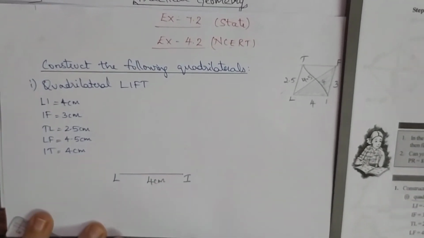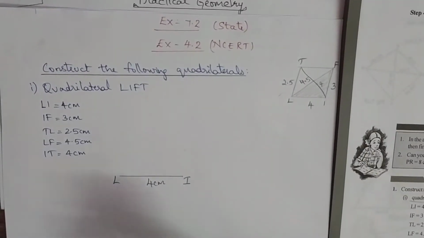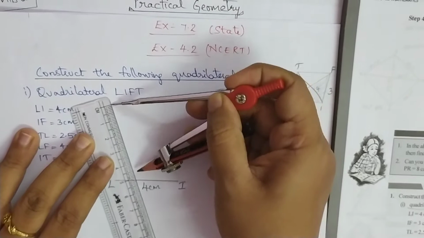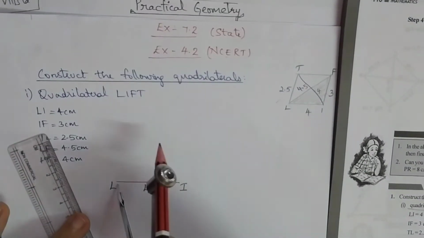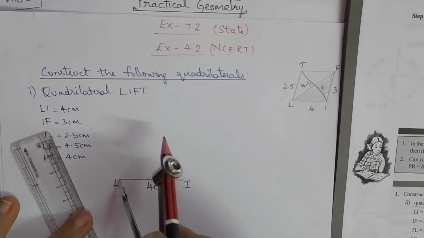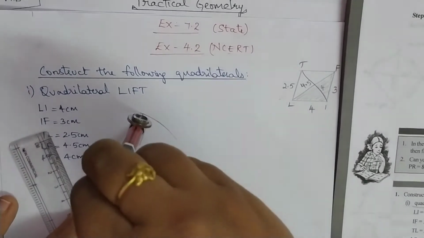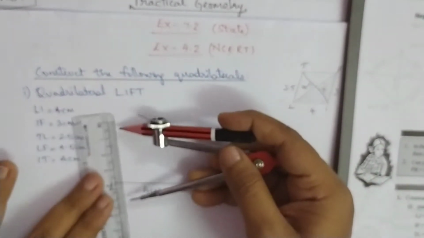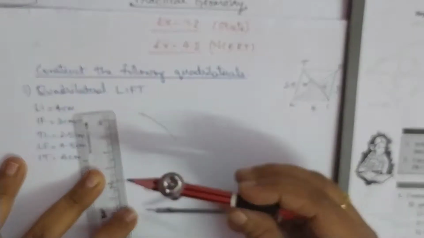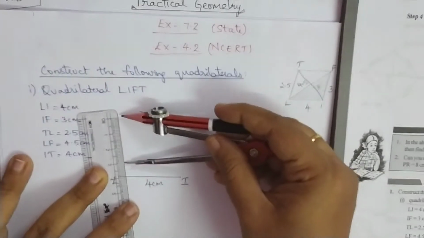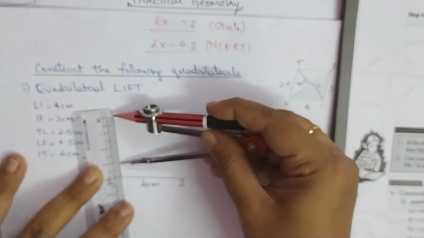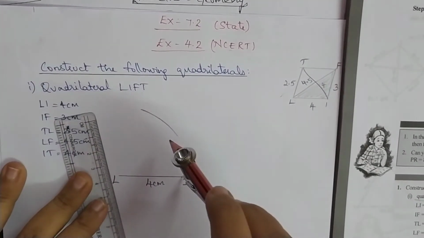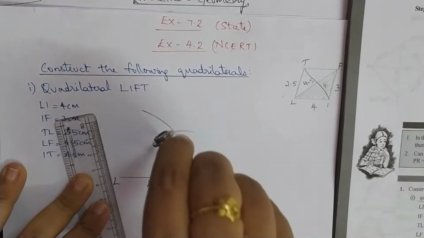Now we need the diagonal LF, 4.5 centimeters. Take this measurement from 0 till 4.5, from L. IF is 3, so from 0 take the measurement till 3 and draw from I, F as 3.